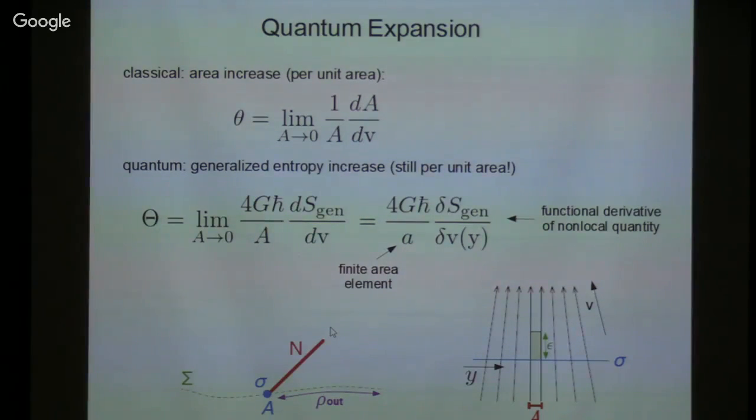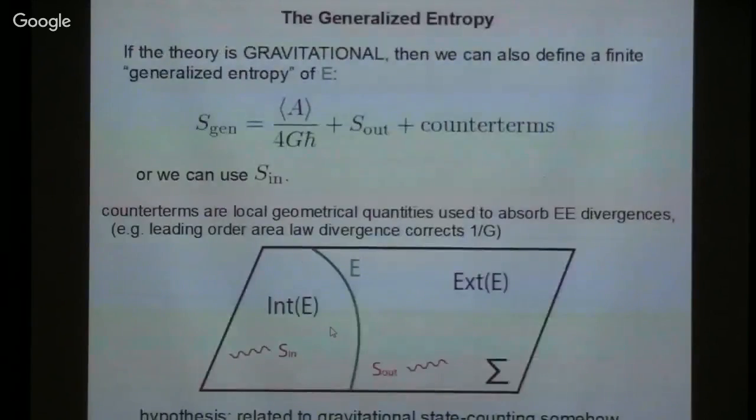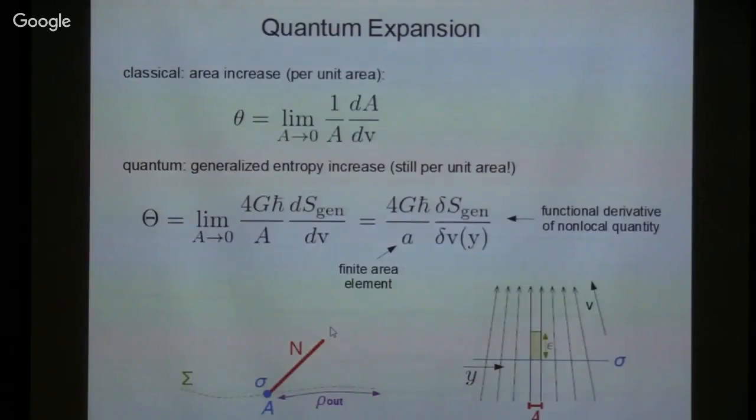still per unit area. This is sort of like taking a functional derivative, because if you start with, if this sigma is your entangling surface, that's the equivalent of E in this previous picture, and you shoot out a null surface from it, you evaluate the density matrix on this state.